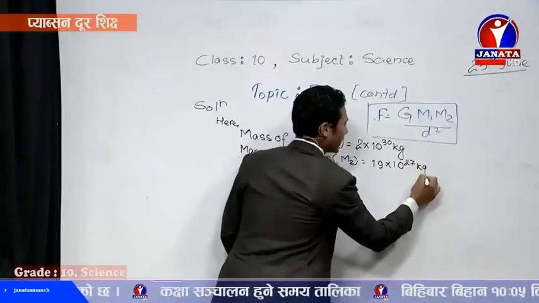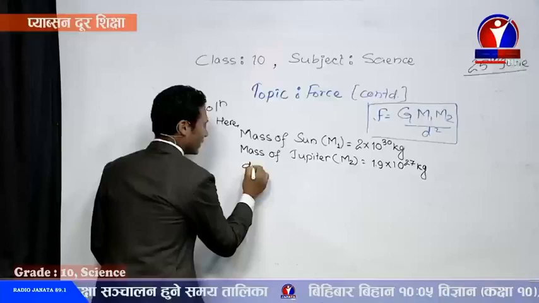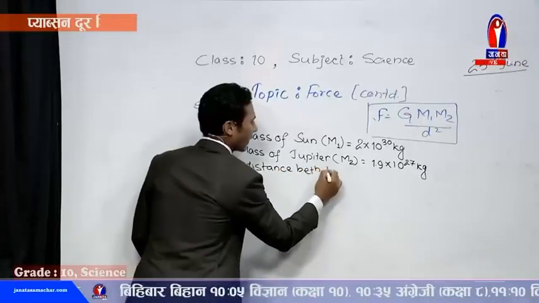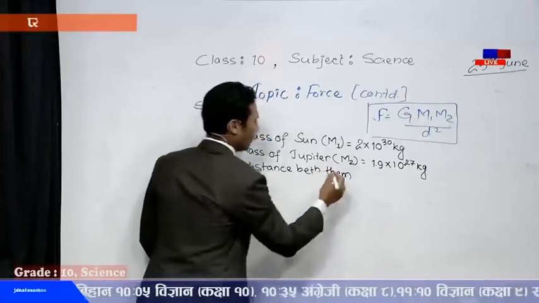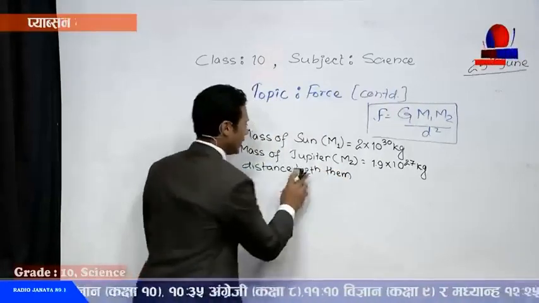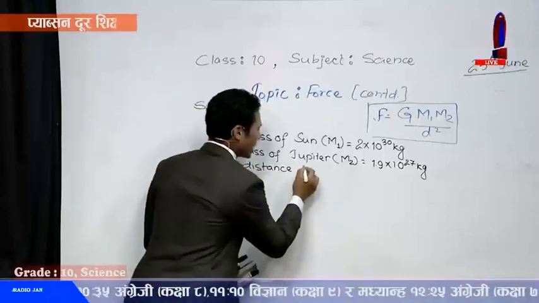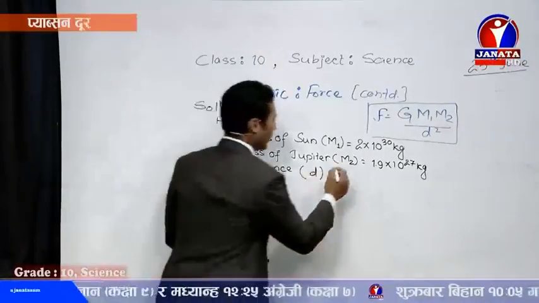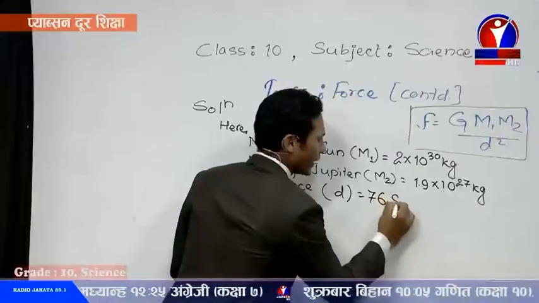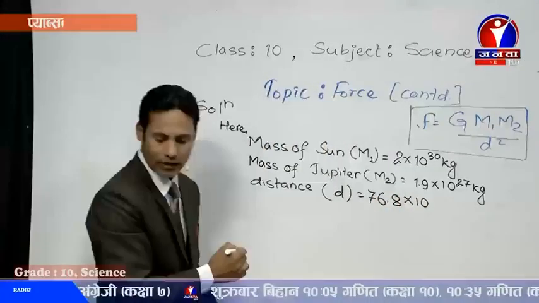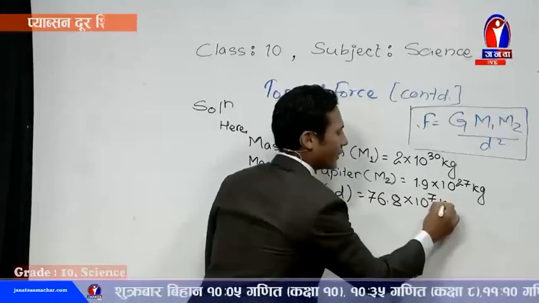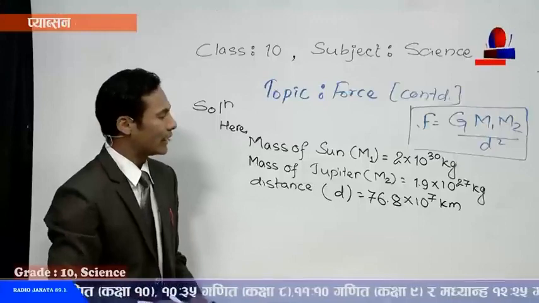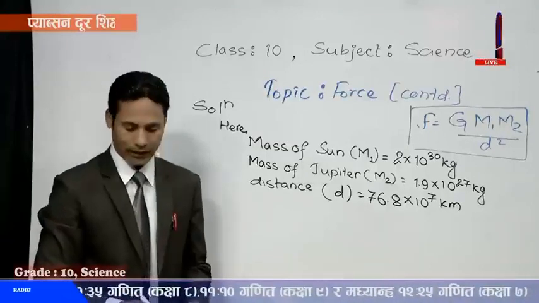And the distance between them, I will write the symbol d. Distance is given as 76.8 into 10 to the power 7 kilometer.